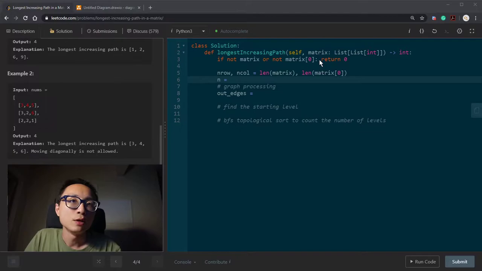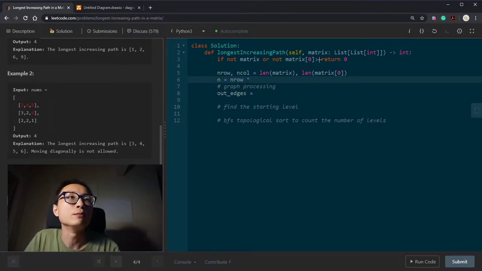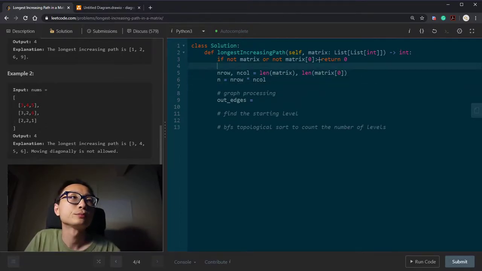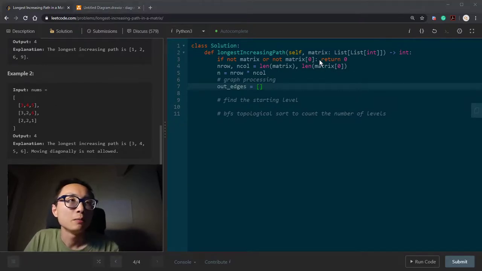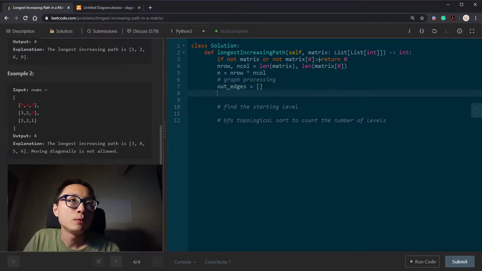So the number of nodes is going to be the number of cells inside the matrix, the number of rows multiplied by number of columns. And we're just going to try populating the out edges and the in degrees.